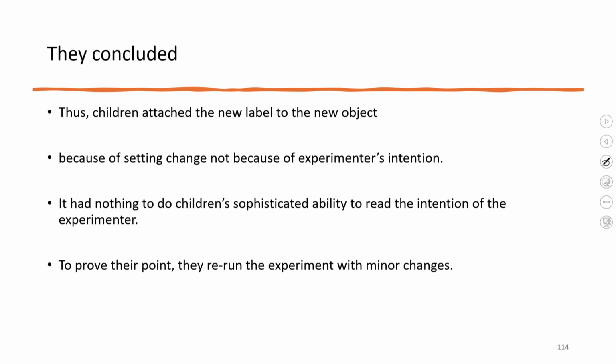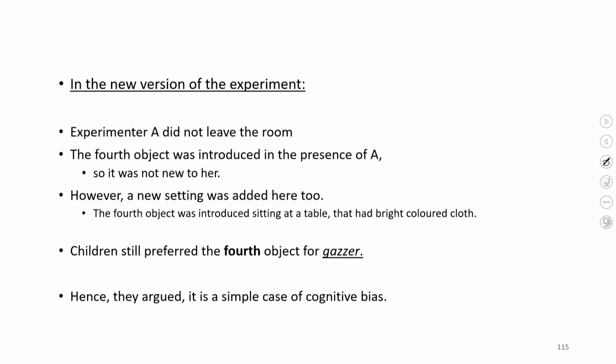To prove their point, they did the experiment again, with some minor changes to check if their hypothesis holds. In the new version, experimenter A did not leave the room. Thereby you cancel out experimenter A's intentions or beliefs, or the novelty of the situation for experimenter A. Experimenter A sits there in the same room.